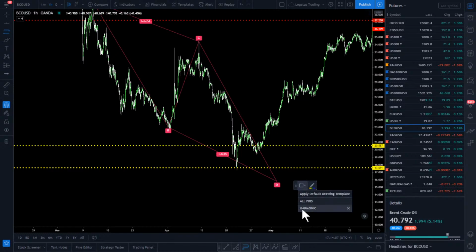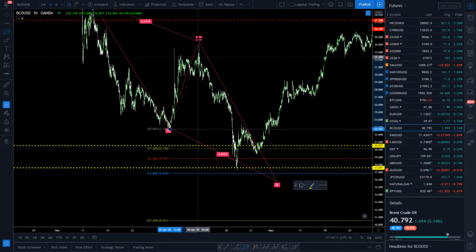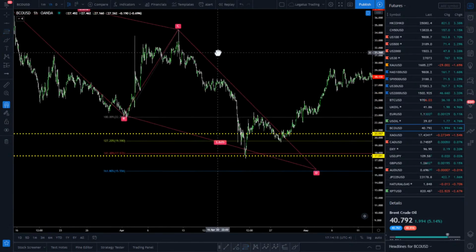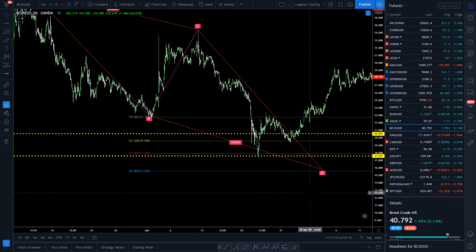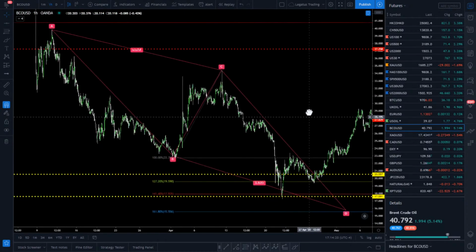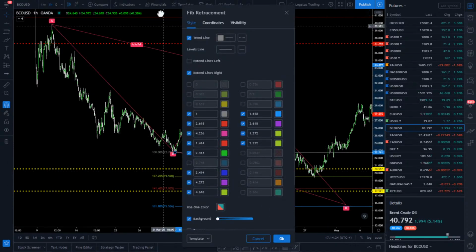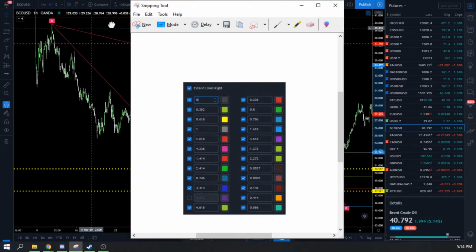I like to use my harmonic fibs, and that basically takes off any level that isn't going to be used in finding the D point of any harmonic pattern. I'll quickly show you, and you can see it obviously removes a lot of the clutter and then focuses in on the level for our D point reversal.